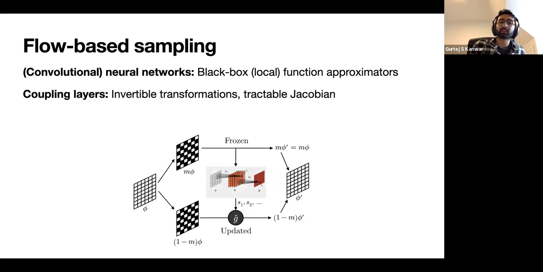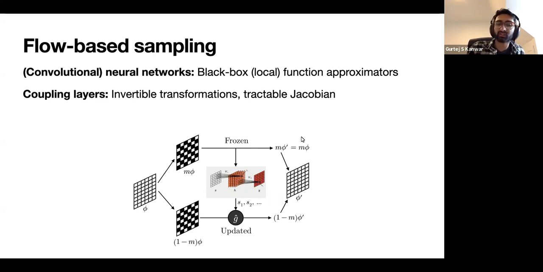To actually construct a flow-based sampler, the fundamental building block is what is known as a coupling layer in the literature. The idea is that this is an invertible transformation. By taking a black box function that is not necessarily invertible, but structuring it in such a coupling layer, one can produce an invertible transformation.